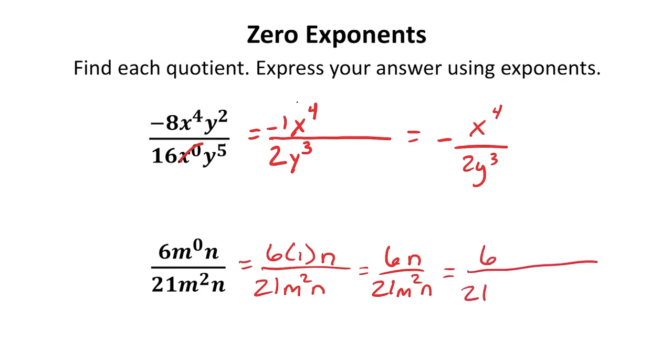We don't have any m's on top, so this just stays there. And the n's cancel, don't they? These cancel out. It's n to the 1 minus n to the 1 is n to the 0, which just becomes 1, which goes away. So 6 over 21m squared is the answer to this one.